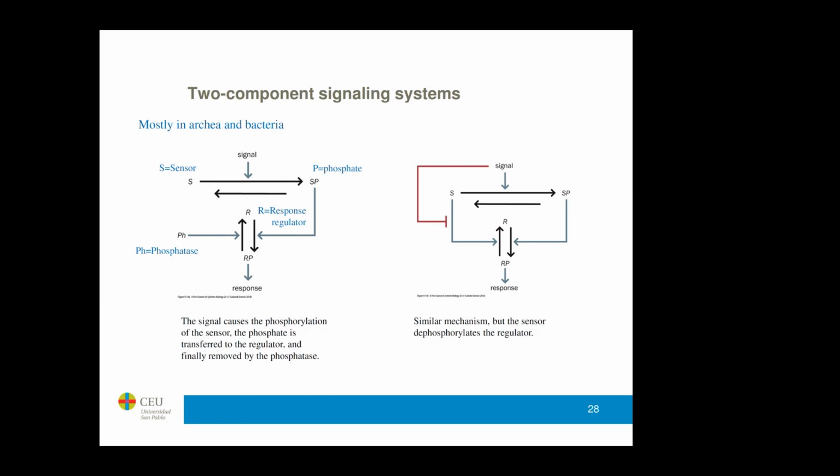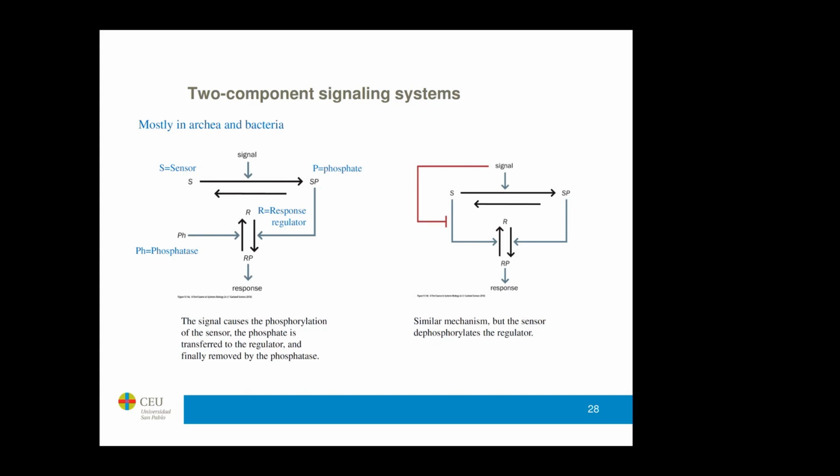So this is the sensor, the protein, the receptor or whatever, phosphorylated. And then the phosphorylated version causes some response. There is another molecule R that interacts with this one, but doesn't interact with this one. And then this one is also phosphorylated, and it propagates the signal down.